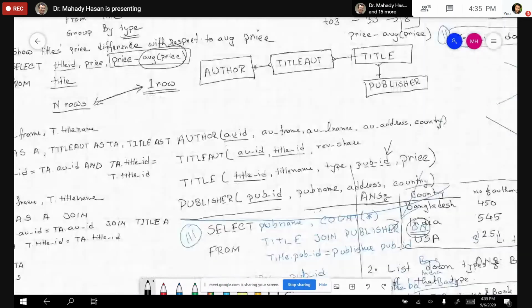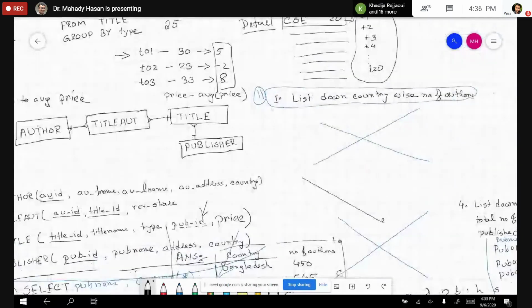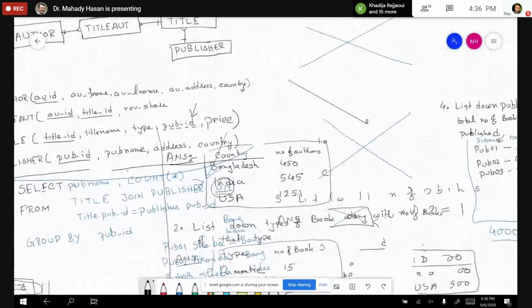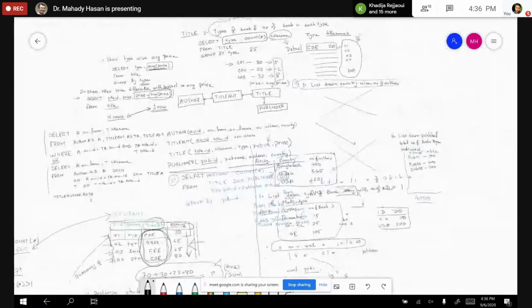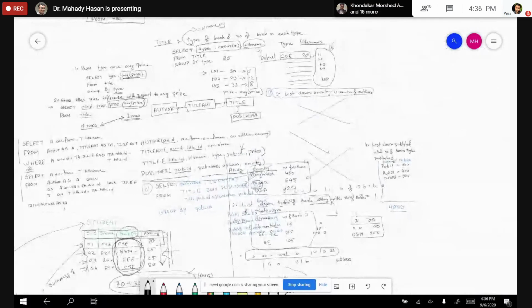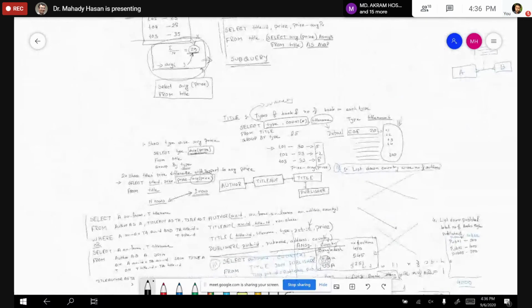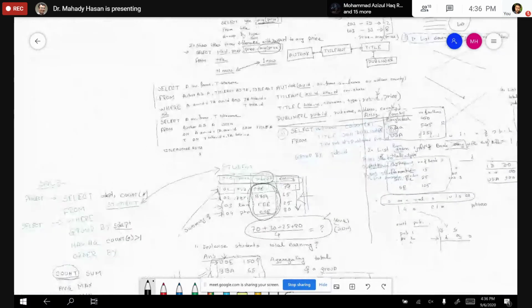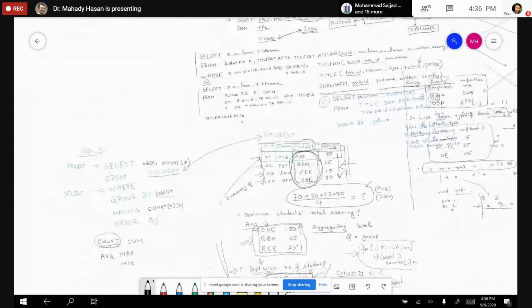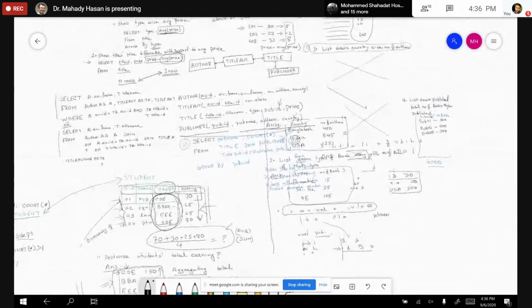We want to see the detail and the aggregation together.